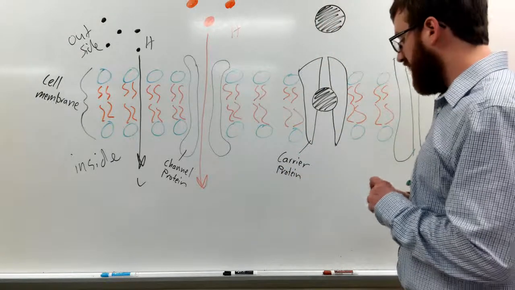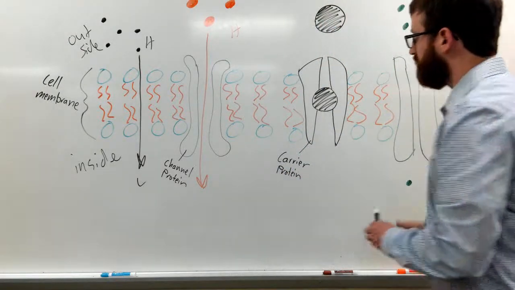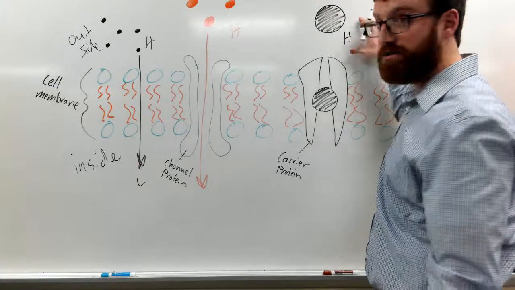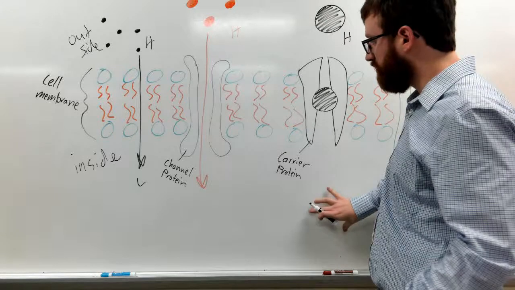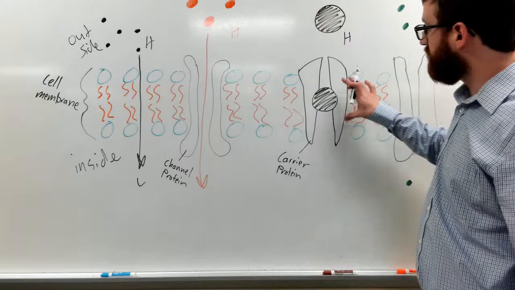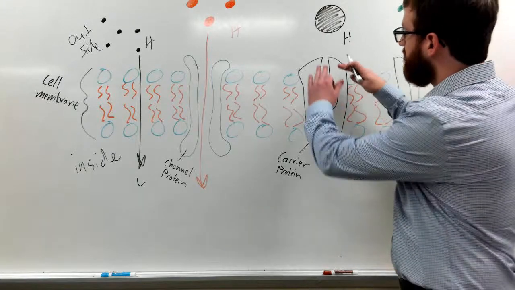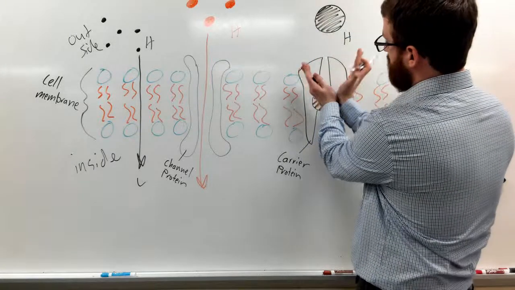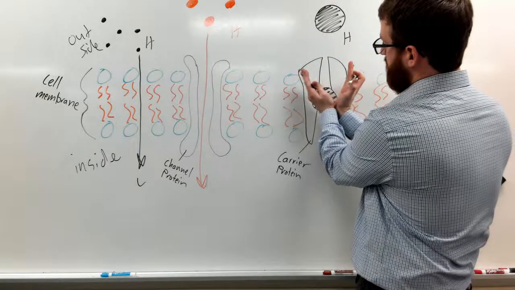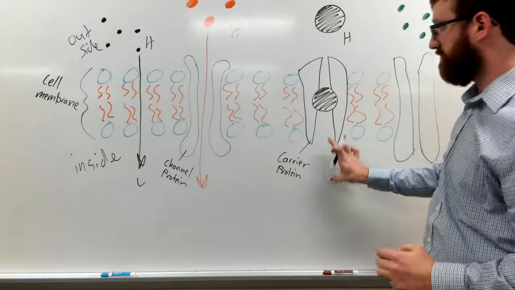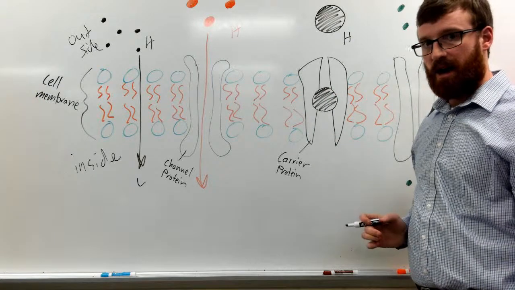If we have a high concentration outside the cell, naturally they're going to want to go inside the cell where there's a lower concentration. However, now you use carrier proteins. A carrier protein will initially be open on the outside. Then the big molecule will come in, bind with it, and the protein will close on the top but open on the bottom, letting the big molecule inside.